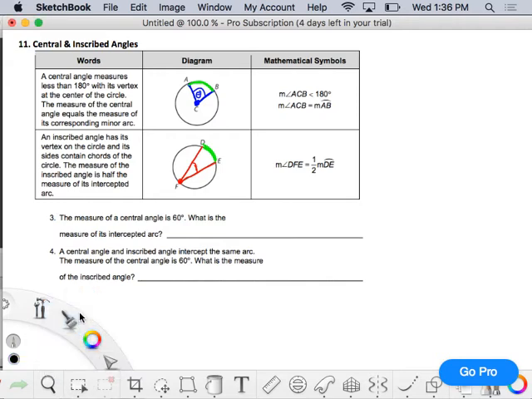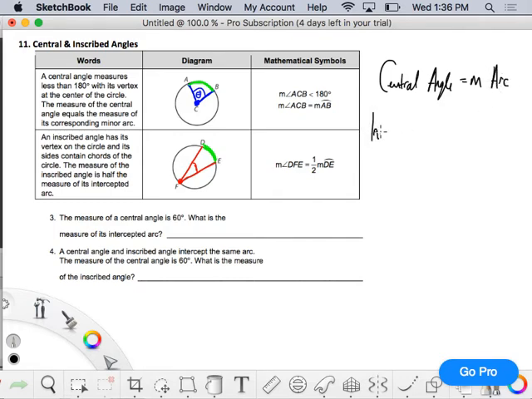And each arc is measured in degrees, or is measured like an angle. So the question is, what is the intercepted arc in terms of the central angle or the inscribed angle? Well, it is this. The central angle is equal to the measurement of the arc.